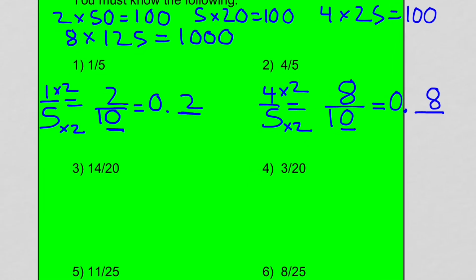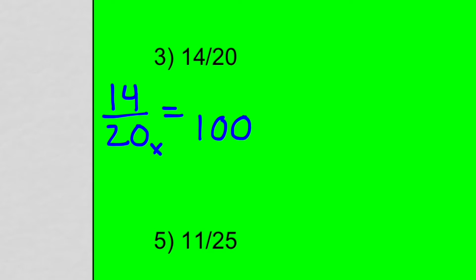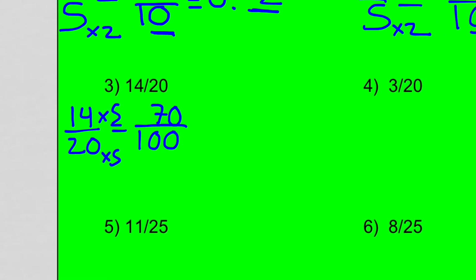Okay, let's look at some others. 14/20 can be made into a fraction out of 100 by timesing by 5, timesing by 5. 10 times 5 is 50, 4 times 5 is 20. Together that makes 70 out of 100.